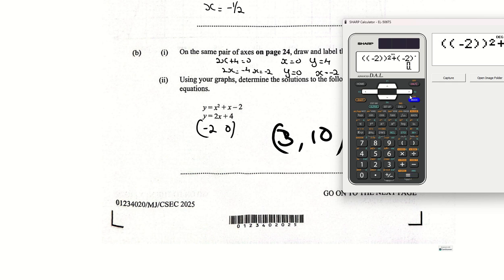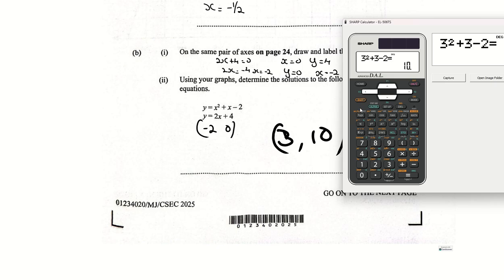So it works for this first one. Now I'll do the same thing. 3 squared plus 3 minus 2, and I am getting 10. Right? So these two points do work for the first equation.